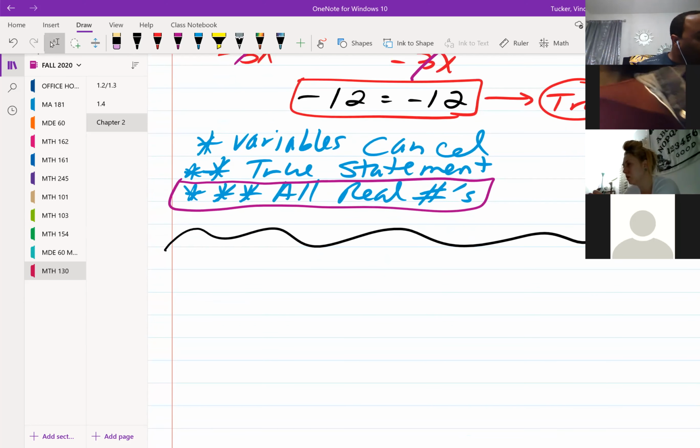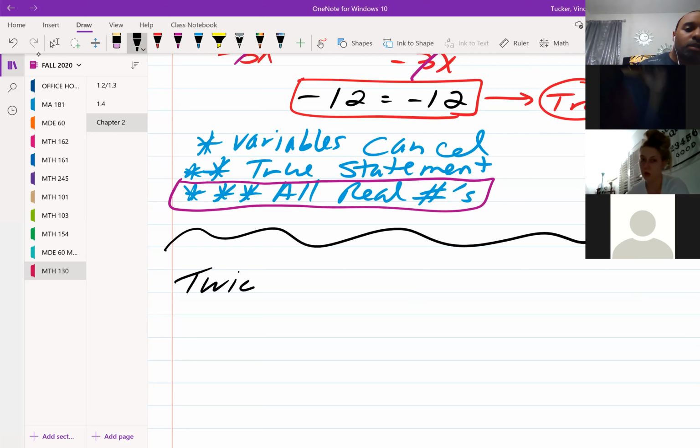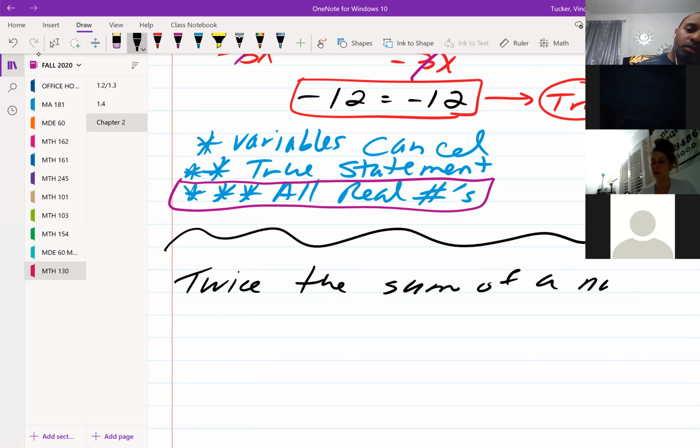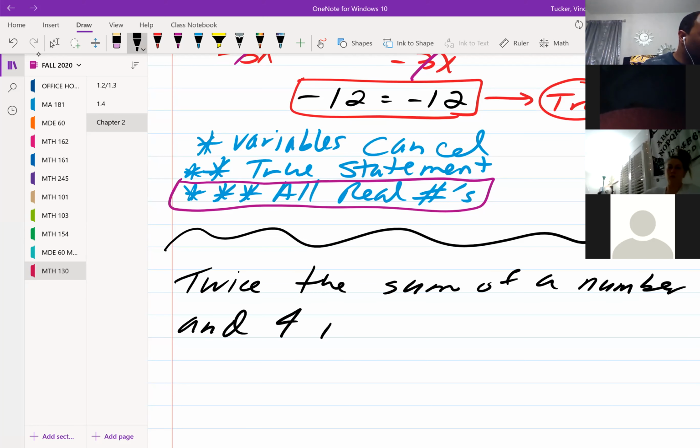All right. Let's look at a few word problems. And this is coming out of 2.4.